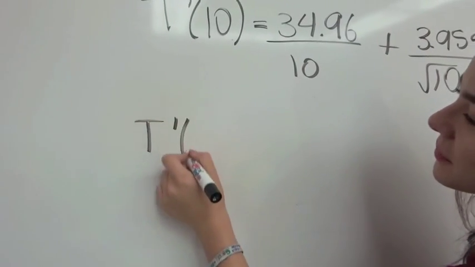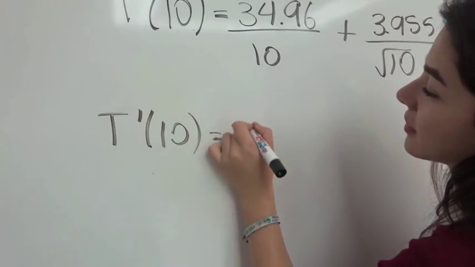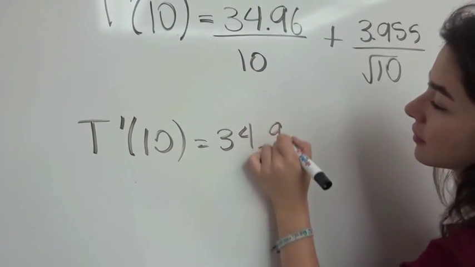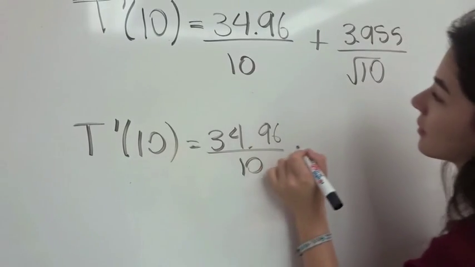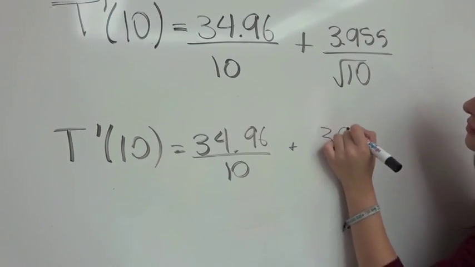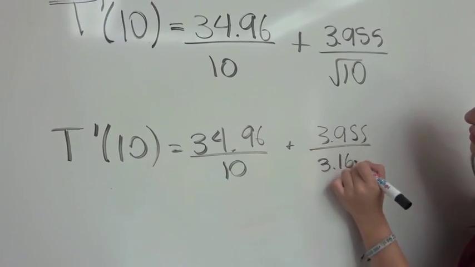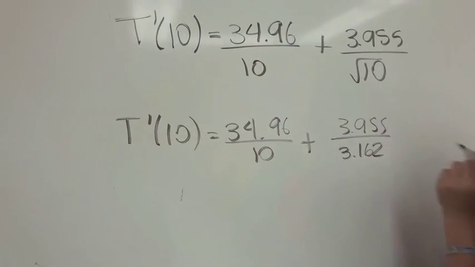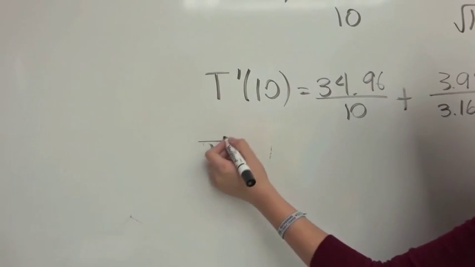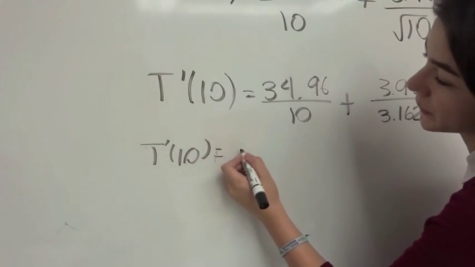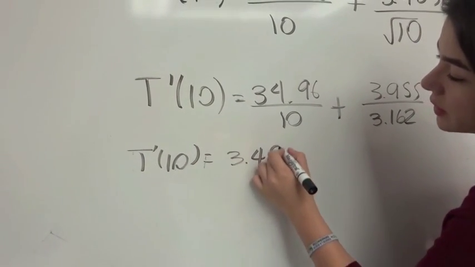So this is the next step. We change the square root of 10 into decimals. Now we divide. And this is what we get.